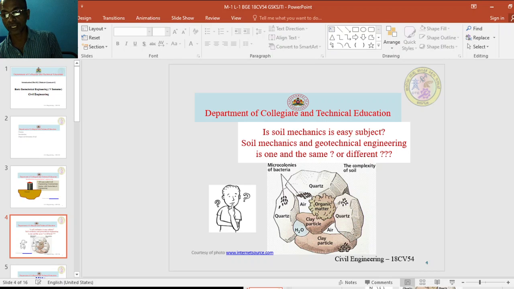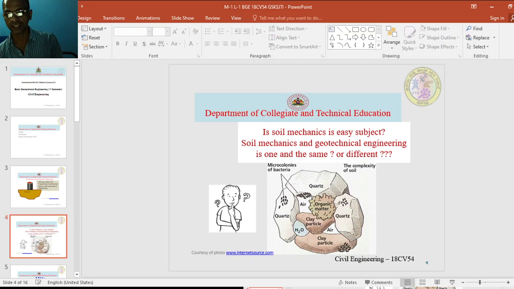Before going to a conclusion, we should know what all is there in the soil. If I take a lump of soil, it may contain quartz, organic matter, clay, water, air, and some viruses, bacteria, microbial colonies, etc. So many different things are there.